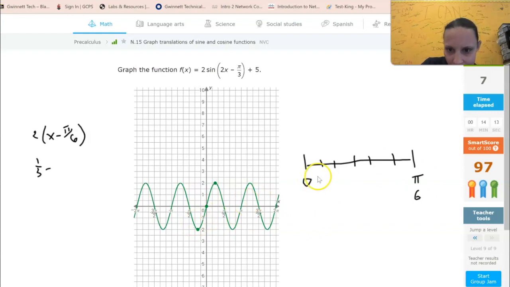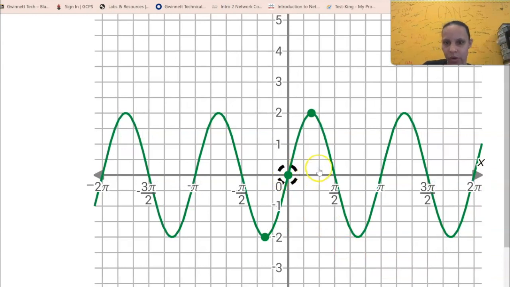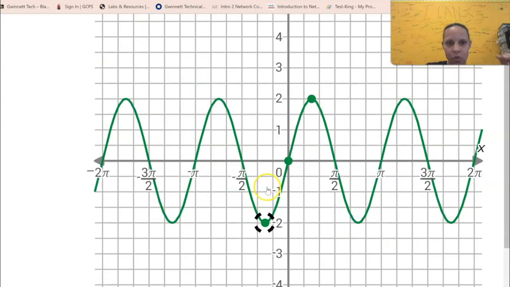All right, so now I need 1/6, so I only need the distance from here to here. Okay, cool. All right, so the distance to pi is 1, 2, 3, 4, 5, 6. 6 boxes. Oh, that was easy. So what's 1/6 of 6 boxes? Going to be 1 box. So 1 box is what we are doing.